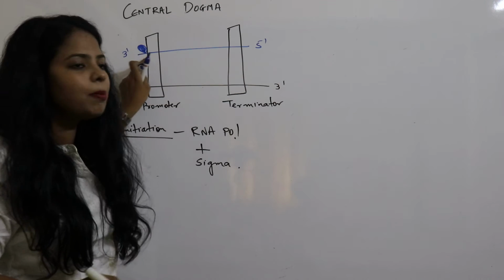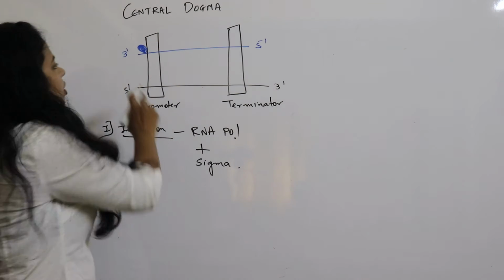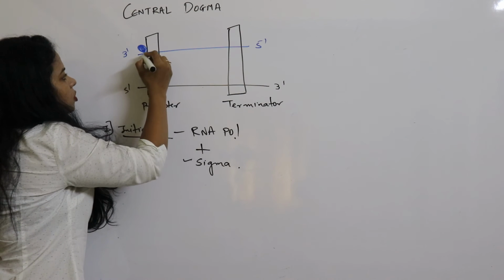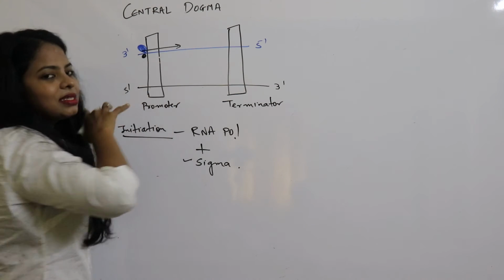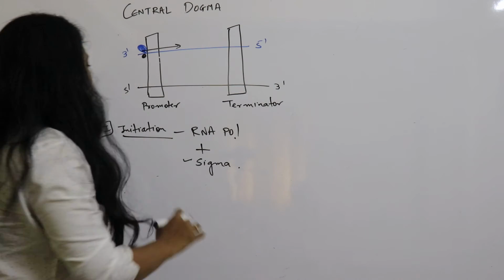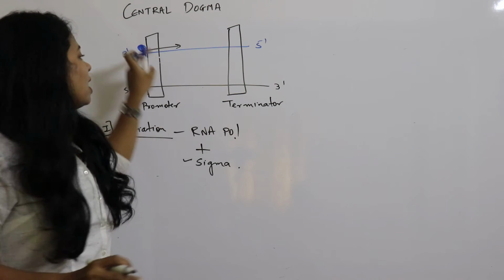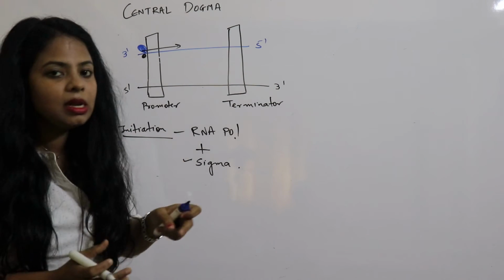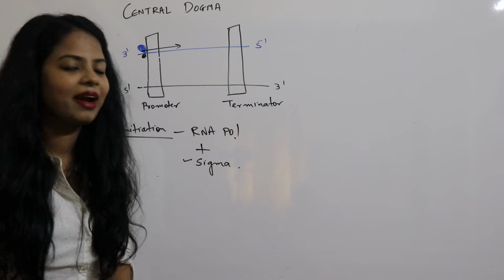So once the RNA polymerase starts moving from here, from 3' into 5' end, the sigma factor, so here there is sigma factor, it will fall off once this polymerase starts moving. So first step is initiation, that is attachment of the RNA polymerase to the promoter, and formation of the bubble, and after that is falling off of the sigma factor.